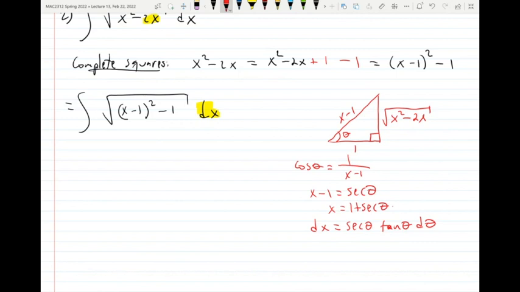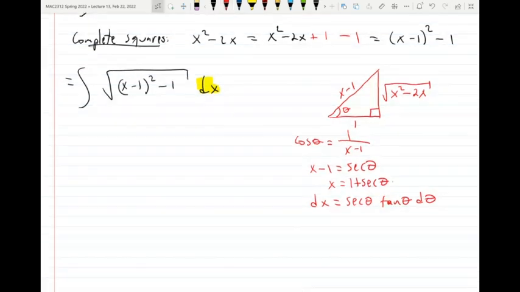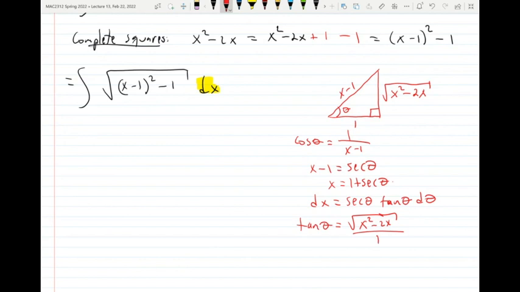So we know dx. Now we need to figure out the radical, and for the radical, I'm going to be using tangent. So tangent of theta equals opposite over adjacent, in this case over 1, so the radical is equal to tangent. Remember that this is the dangerous place. If we have limits, this is when you need to make a decision: do I put a minus or not? But we don't have limits, so we don't have to worry about that.